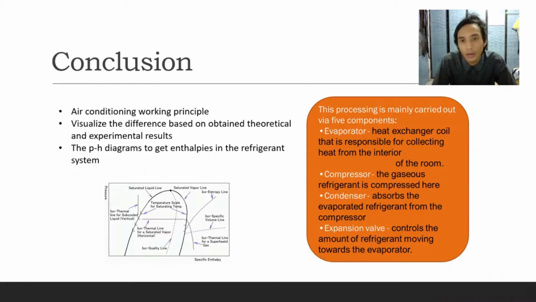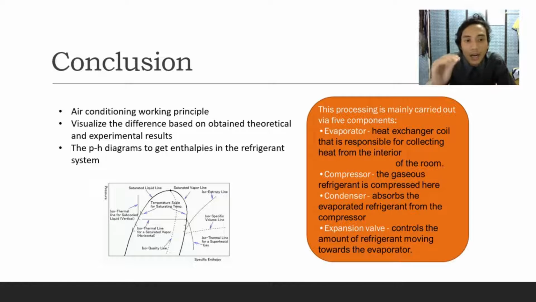For the conclusion, we conducted detailed studies and analysis of how air conditioning works in principle, and we see and visualize the difference based on the obtained theoretical and experimental results.